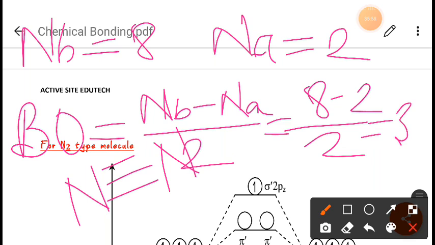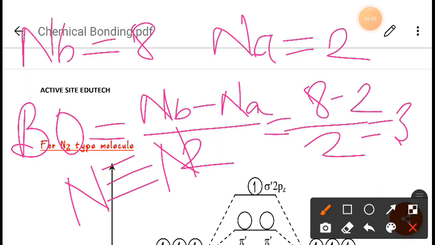So we can say this N2 molecule should be very stable and should possess a very high value of bond dissociation energy. From this we can predict that these N2 molecules will be very stable, right?